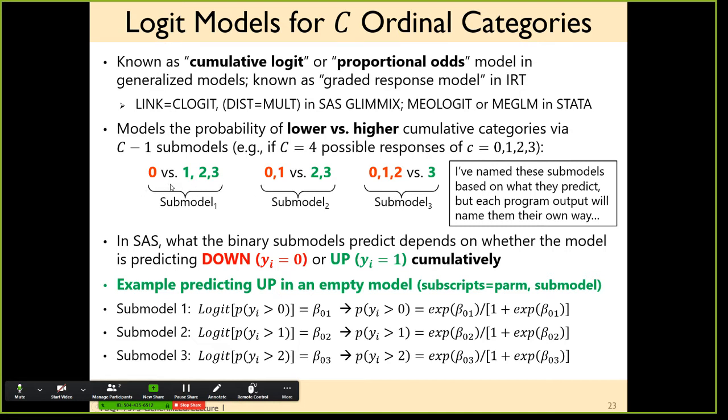But the cumulative model divides the categories into submodels where it's either going to predict the red or the green. So each of these is still binary, and you know exactly what to do with it. It's the logit of the higher category, if your model is phrased in the green way, which is what I always do, or it's predicting the logit of the lower category if your model is phrased the other way.